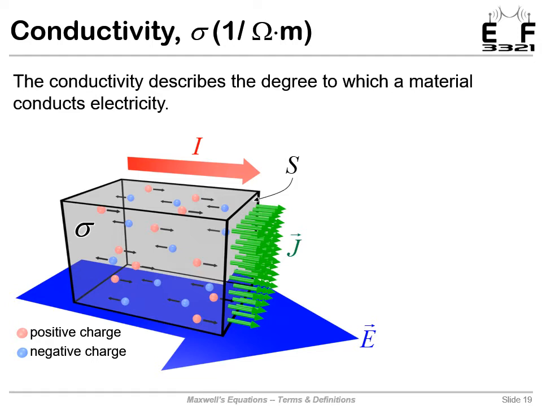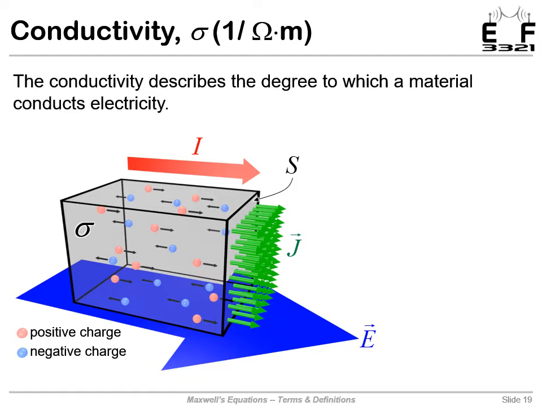Now, in this picture, the red circles are the positive charges and the blue circles are the negative charges. Of course, if you apply an electric field to this, the negative charges will travel in the opposite direction, because that's the direction of the force that the electric field puts on those charges. And the positive charges will move in the same direction as the electric field.